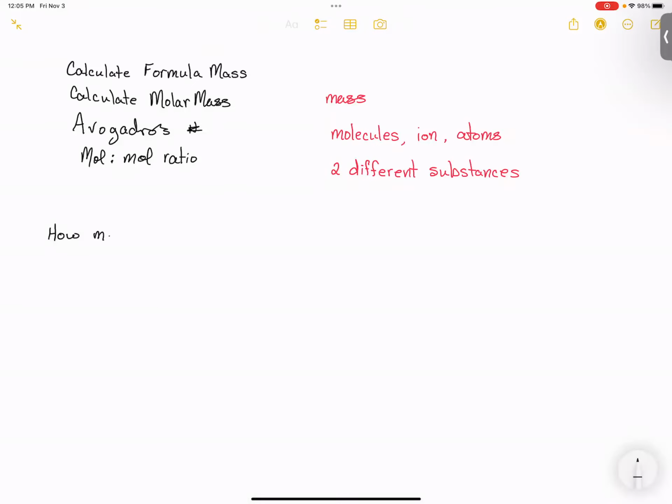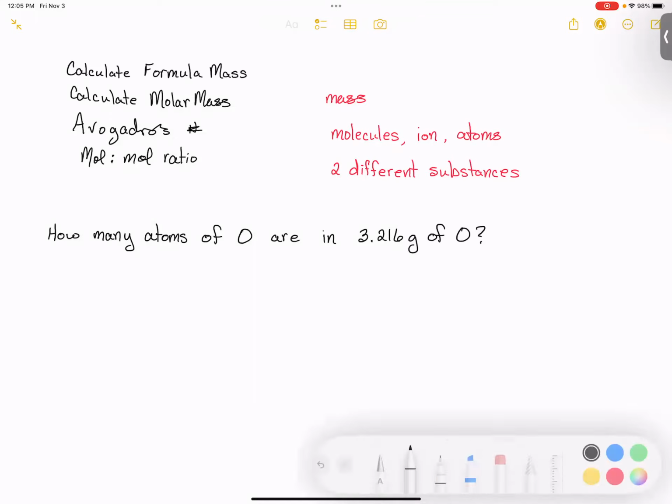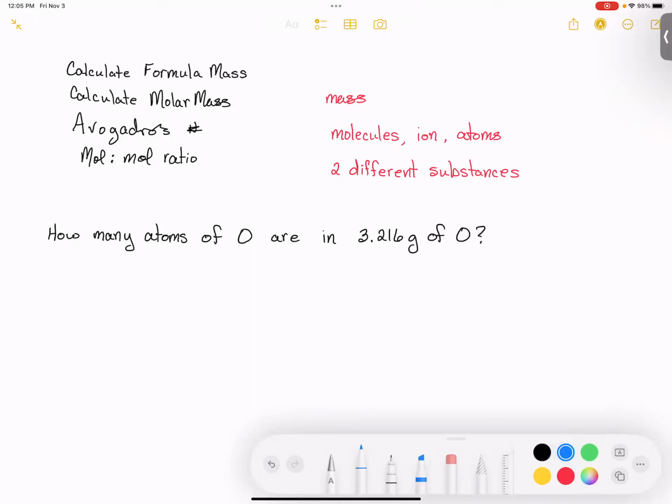How many atoms of oxygen are in 3.216 grams of oxygen? So when we were doing this, one of the first things I said to do is identify what you were given.